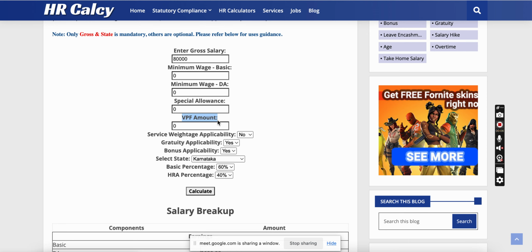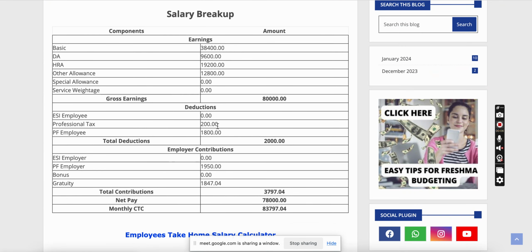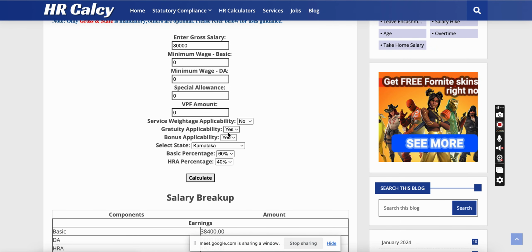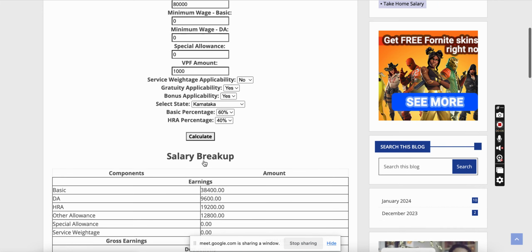But again there is a rule. More PF does not mean that you will not pay the minimum PF. Minimum PF of 1,100 will be there, but extra PF, how much you want to contribute, you can decide. There is no rule. You can say add 1,000 more. Suppose right now my PF deduction is 1,800, add another 1,000 rupees. Just enter the amount and calculate.